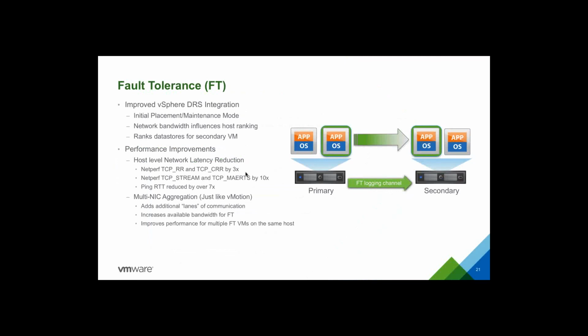It's also going to look at how much networking is available on the secondary host, to ensure that just by enabling FT, you don't overrun one of the secondary host networks. Another thing, it will prioritize the datastores, so it gives you a recommendation of where to put the secondary VM's VMDK file.